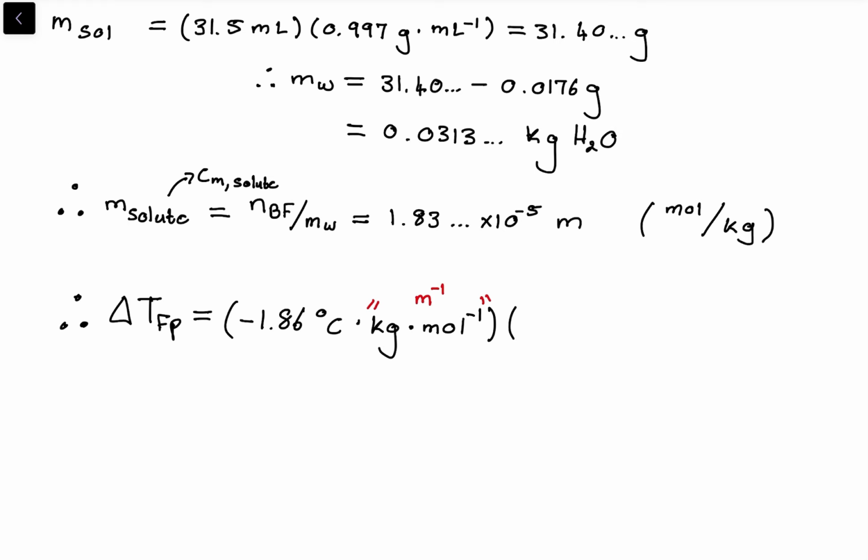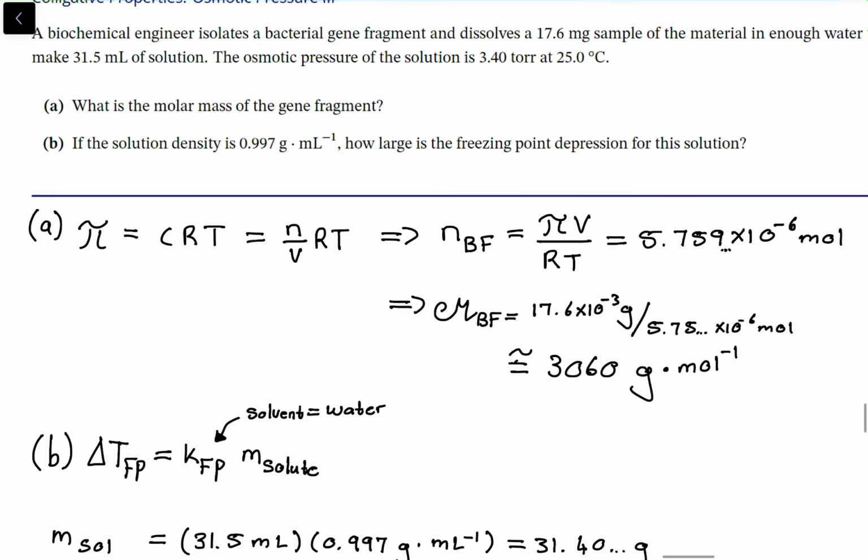And you multiply that by this 1.83 times 10 to the negative 5 molar. You should get a value of minus 3.41 times 10 to the negative 5 degrees Celsius.